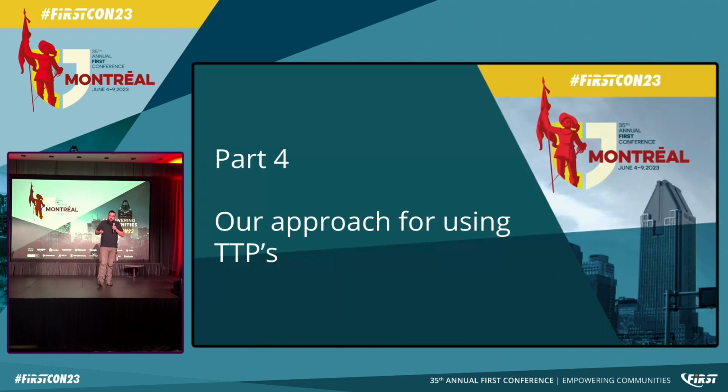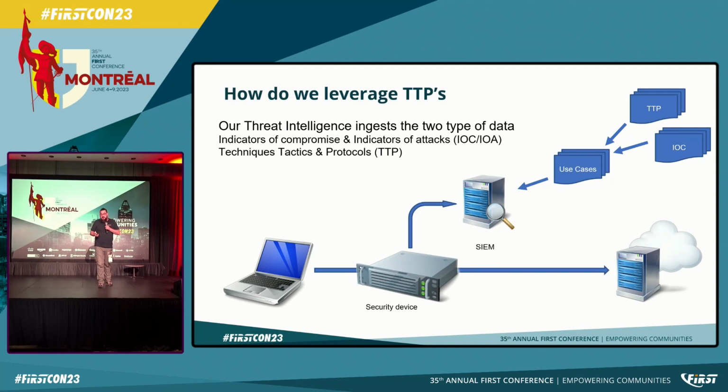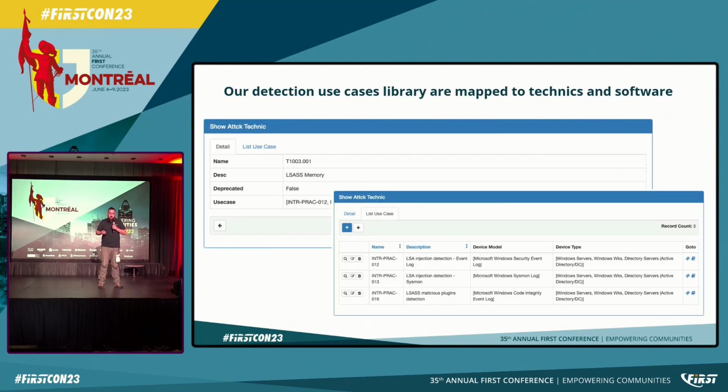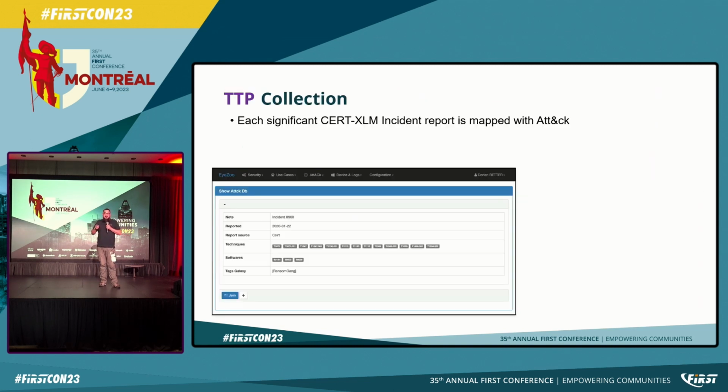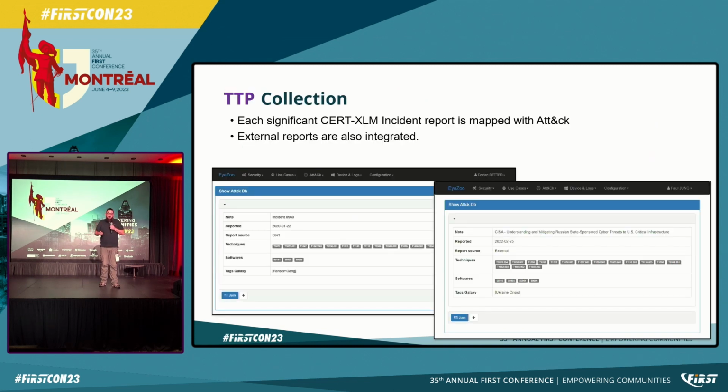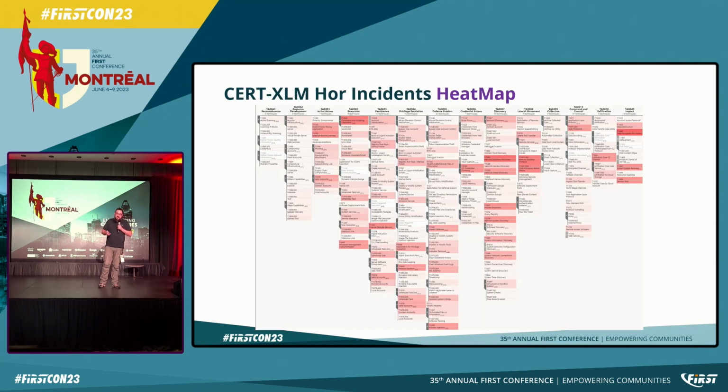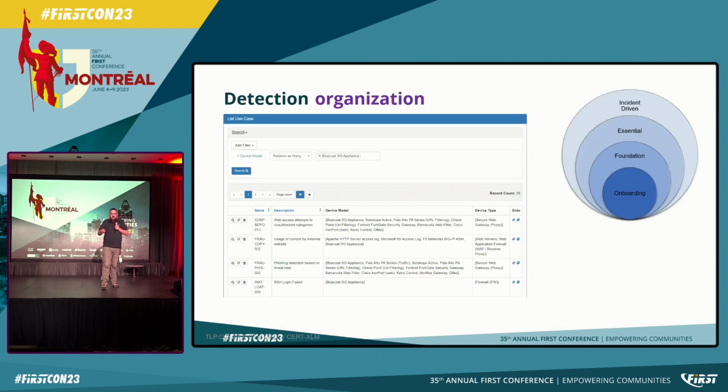We have a lot of remaining issues, and the last is the TTPs. For TTPs, quite quickly, we use use cases that are MITRE ATT&CK tags. For example, for LSASS, we have three possible use cases, depending on the source of the customer. We collect TTPs ourselves or from external reports, and then we are able to map what is really important to see, and we apply the detection.